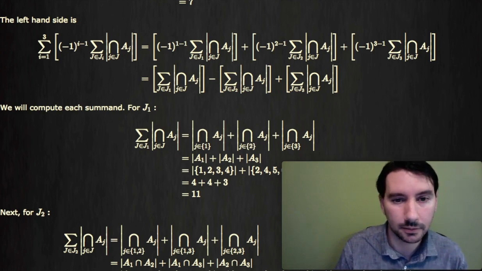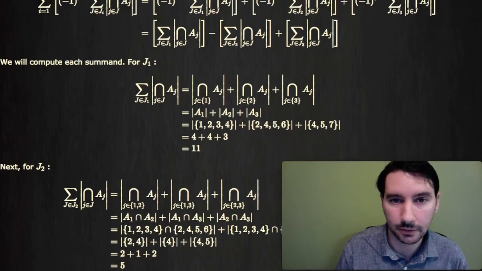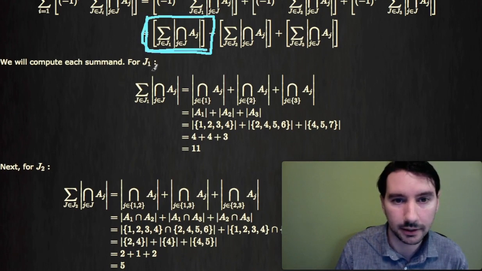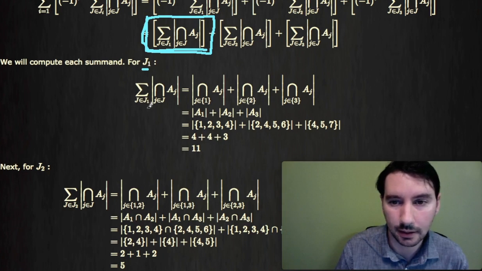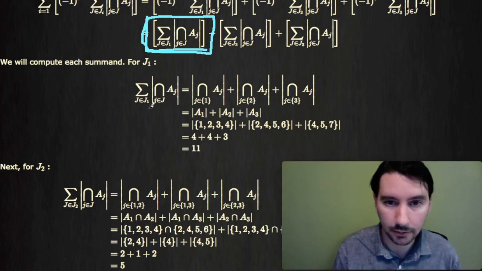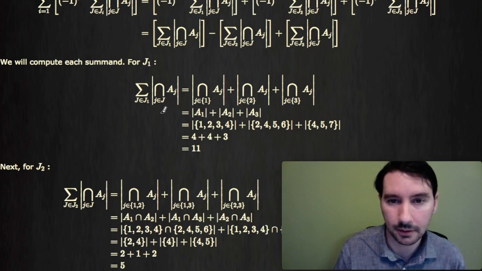Now we're going to sum over each of the sets. So first we're going to compute this one. That is, we're going to sum over J sub 1. Doing that, we sum over all the 1-point sets, because J1 is the 1-point sets.